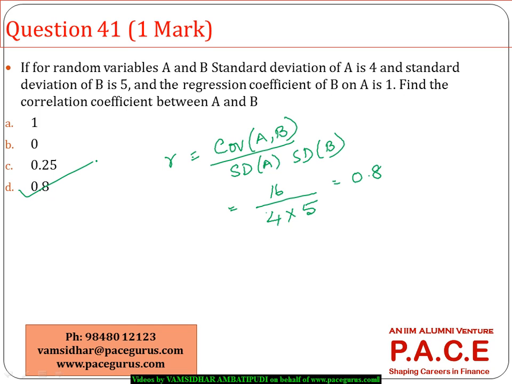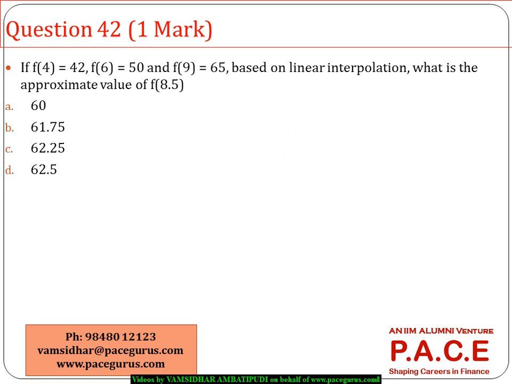Alright. Let's move on to the next question. If f of 4 equal to 42 and f of 6 equal to 50, f of 9 equal to 65, based on the linear interpolation, what is the approximate value of f of 8.5? So 8.5 is lying somewhere between 6 and 9.